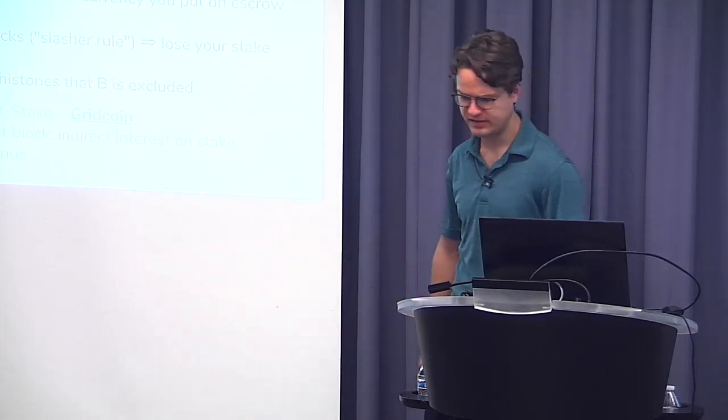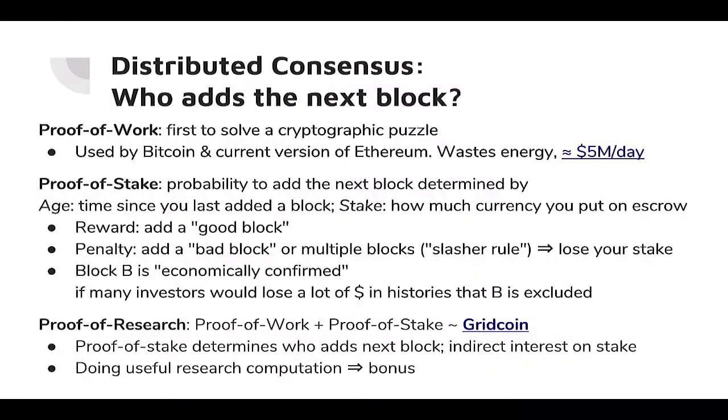A cool extension of this idea, I think they're still working out some important questions here, is proof of research. We like research, right? This actually combines proof of stake with proof of work.